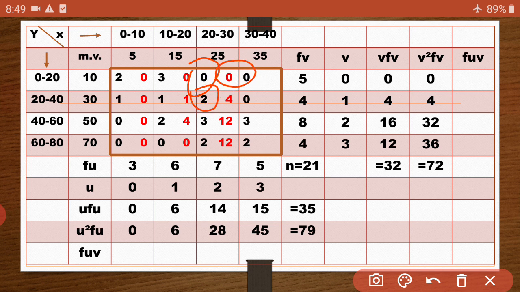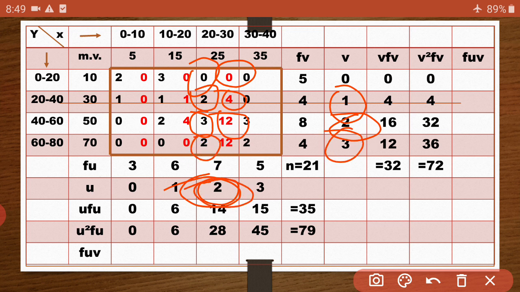Here the 2 into 1, so 2, and then multiply 2, so you get the answer of 4. Then after 3 multiply 2, 6 multiply 2, your answer is 12. Then 2 multiply 3, 6 multiply 2 means 12. Okay, so you get the third column.